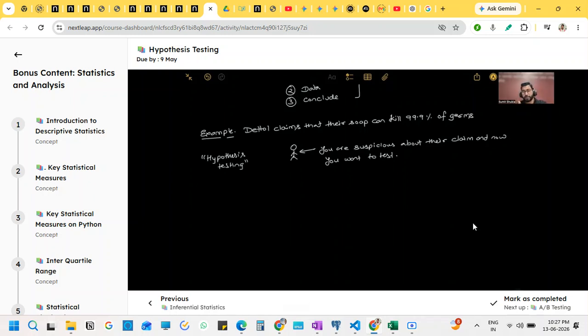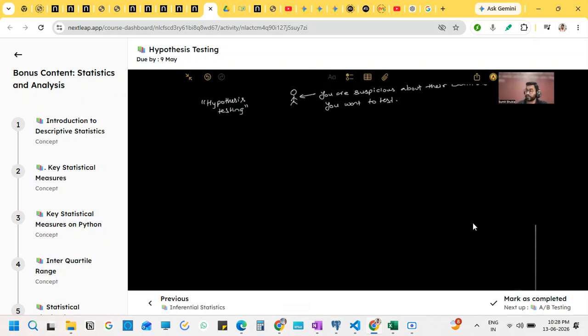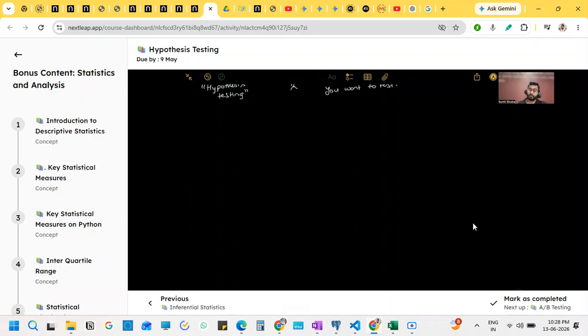You have a certain hypothesis, you have a certain assumption, and you want to evaluate that assumption, you want to test that assumption. Now, in the process of hypothesis testing, the very first step is to set up the assumption. These assumptions are known as hypotheses. So the very first step is to set up the hypothesis. There are two types of hypotheses. Number one is the null hypothesis.